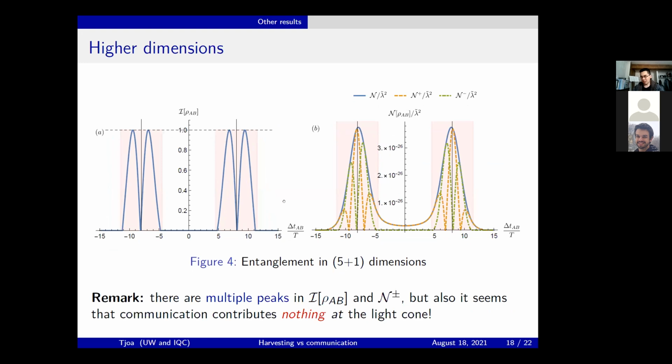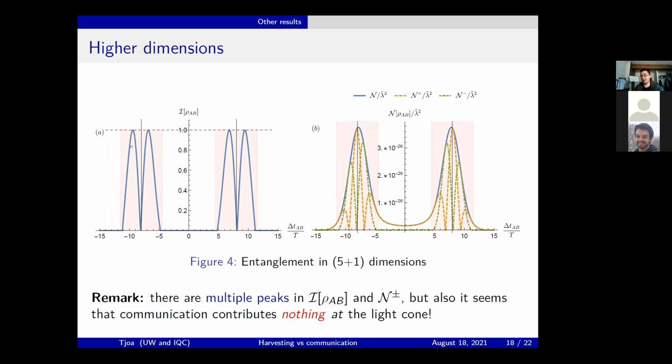Now, in 5+1 dimensions, where the strong Huygens principle also applies like in 3+1, again you have multiple peaks. But interestingly, the peaks arrange themselves in such a way that, exactly at the light cone, the communication no longer dominates.